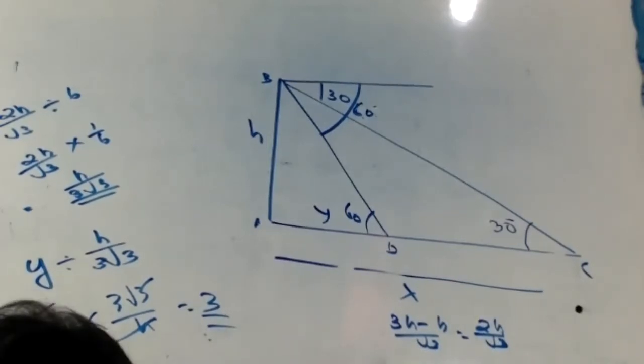Now, question. A pole 5-meter height is fixed on the top of a tower.